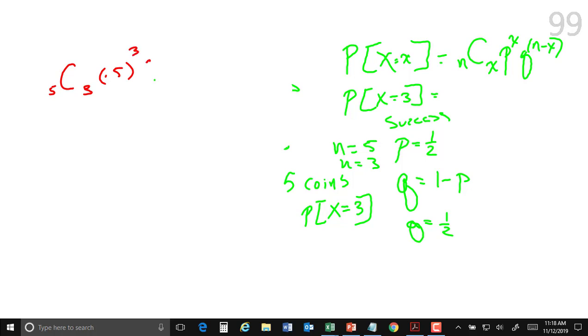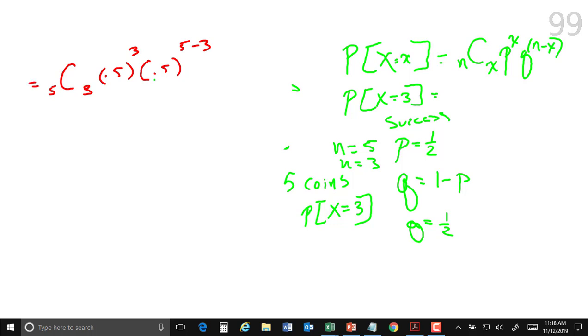And then times the failure, which is 0.5 again, but now it's going to be n minus x, so 5 minus 3. That's the power, the exponent.